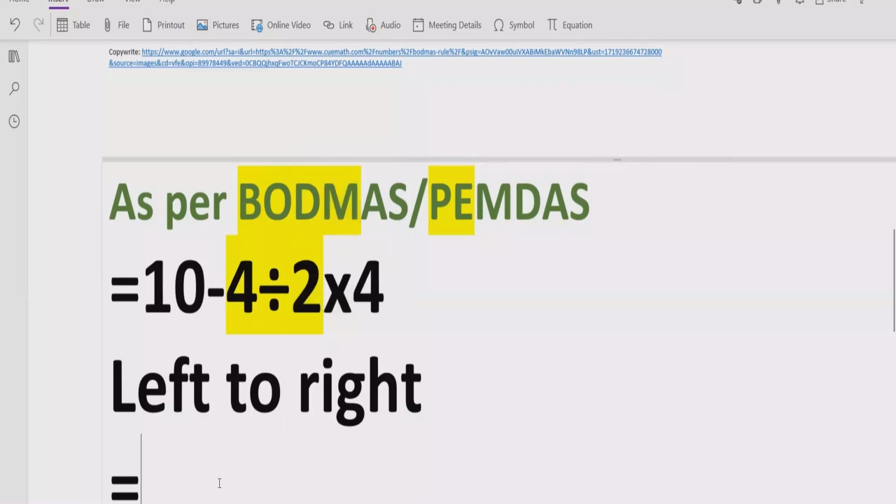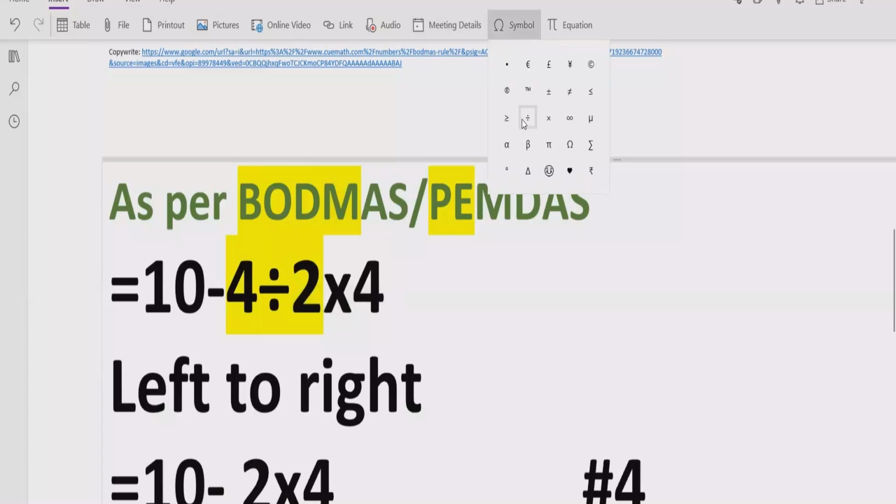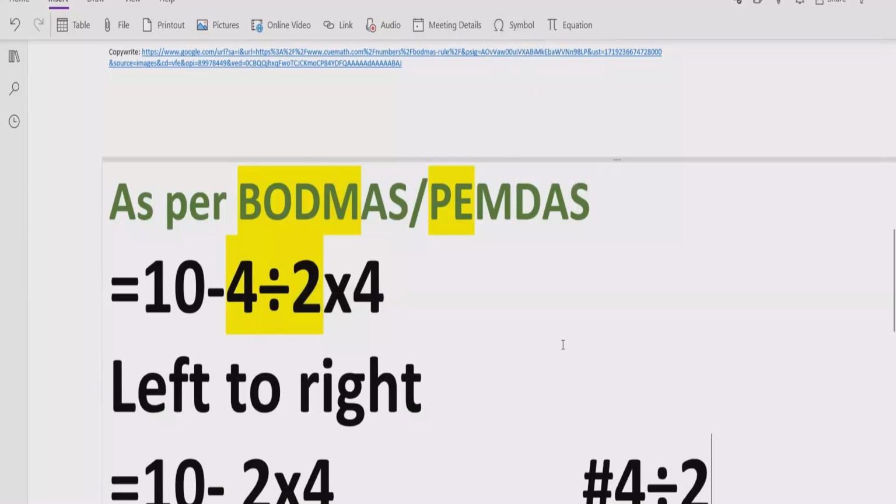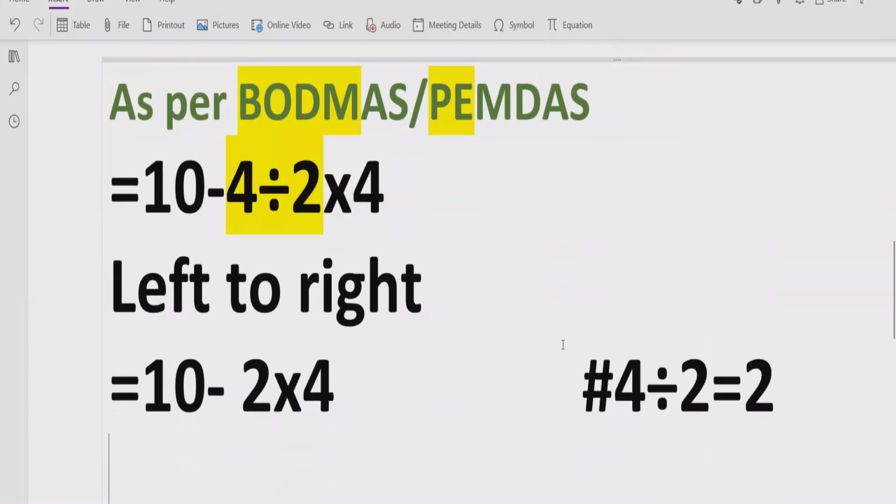So what we will do is write 10 minus 4 divided by 2 equals 2, and multiply by 4. So here we write 4 divided by 2 equals 2. Now we have solved the division.